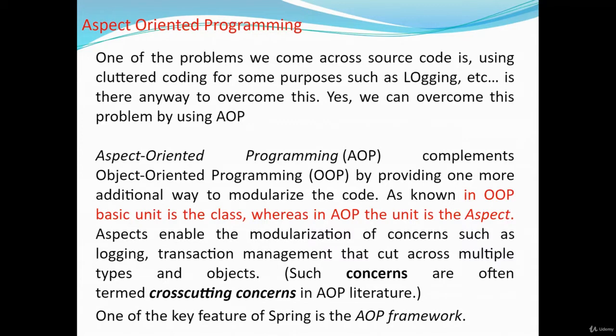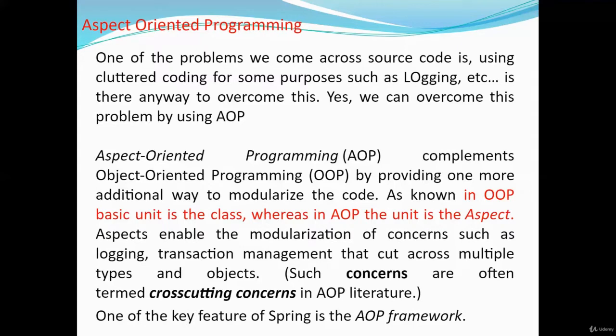One of the most common problems we come across in the source code is a lot of duplicate code, and the code is cluttered with that. The best example is logging. We see that logging statements are used in a number of places in the source code.